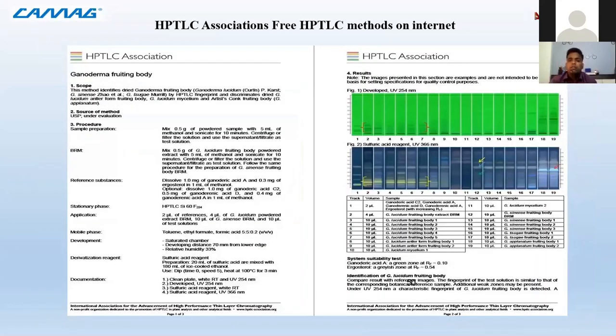This is a very useful free website. If you go to Google and just type HPTLC Association, this site will open. If you register on this site using a login ID and password, you will get a lot of validated methods related to HPTLC analysis. So this is one example of an HPTLC Association method.